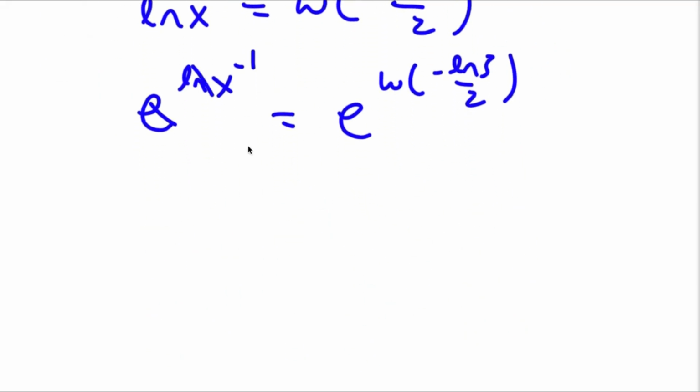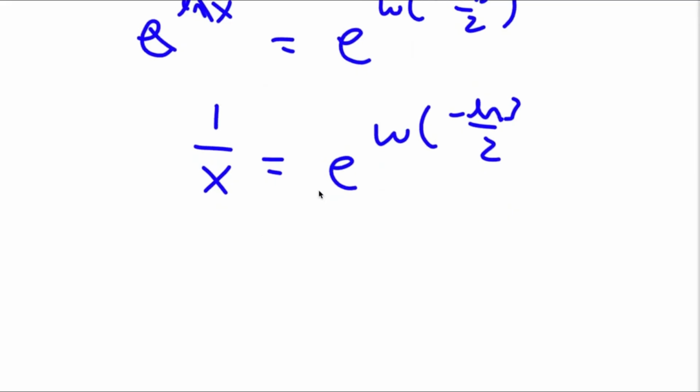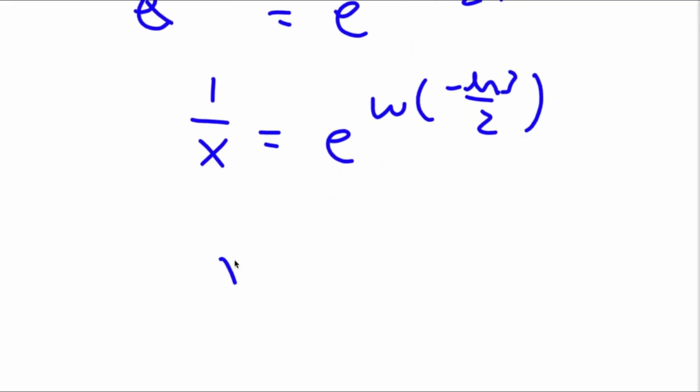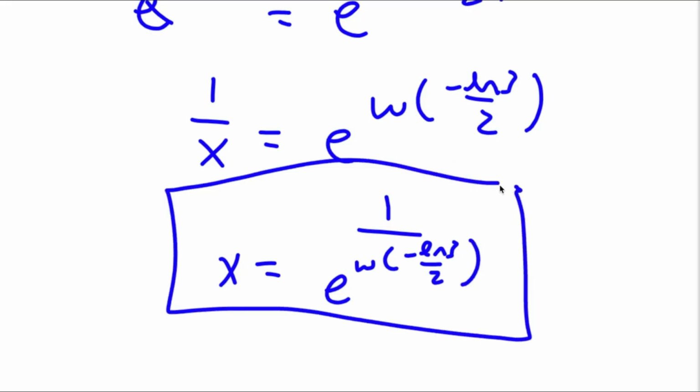Now these two will cancel out, so I'll simply be left with 1 over x is equal to e to the power of W of negative ln 3 over 2. And this means that x is equal to 1 over e to the power of W of negative ln 3 over 2. So that is my answer.